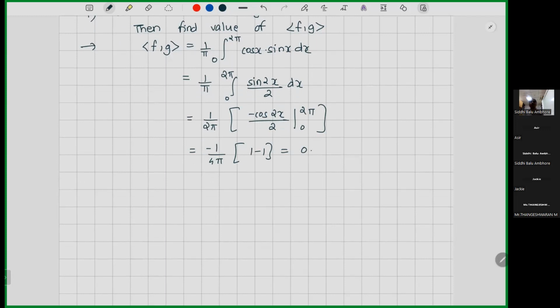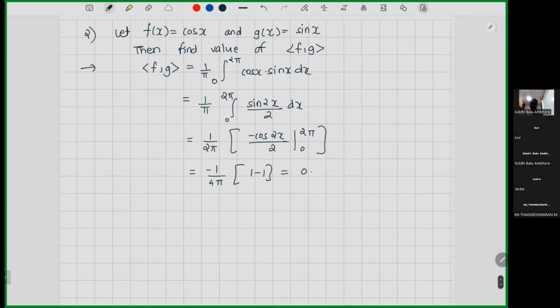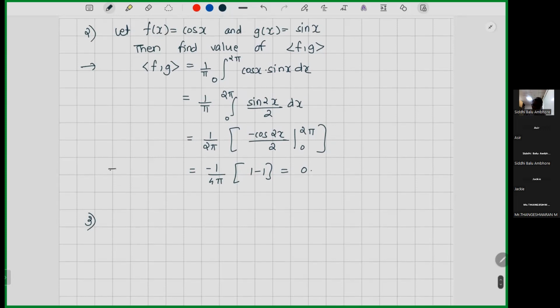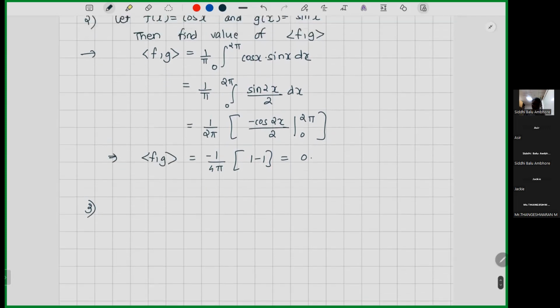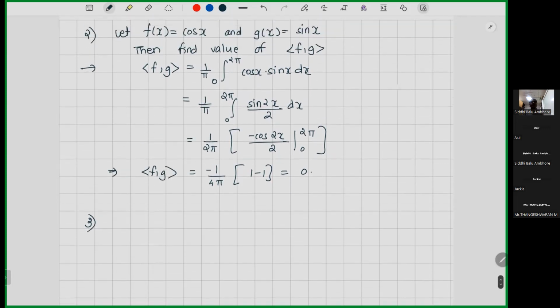Cos 0 is 1, and cos 4 pi is also 1. So 1 minus 1 becomes 0. The inner product of f and g is 0. Any doubts here? Just normal integration. I did nothing else.